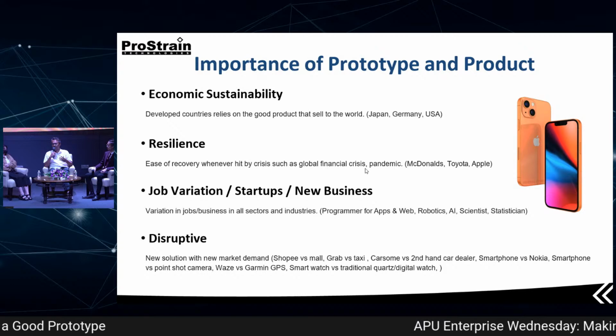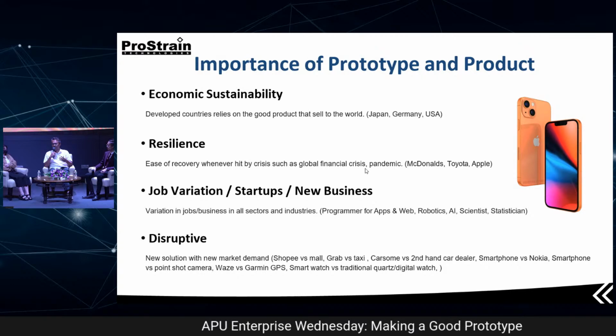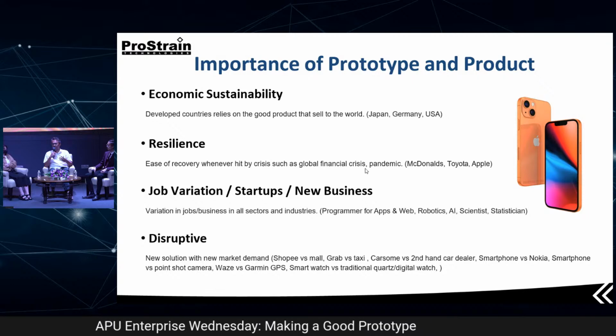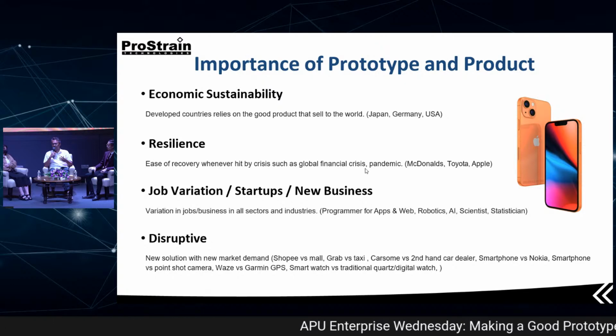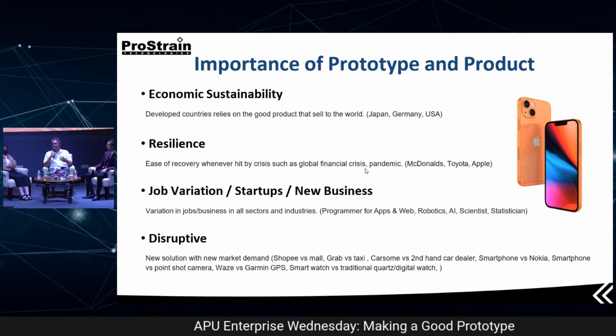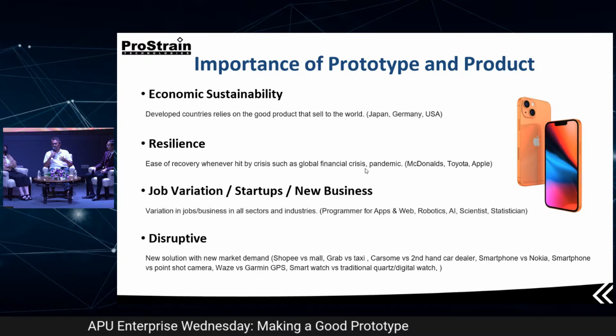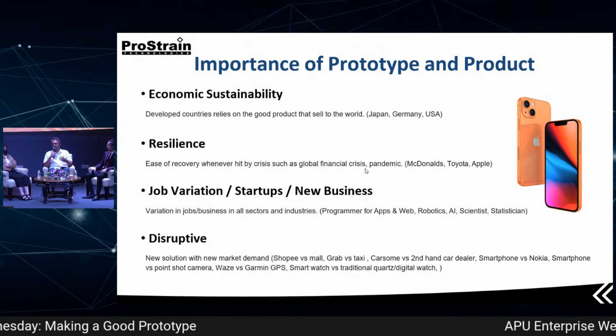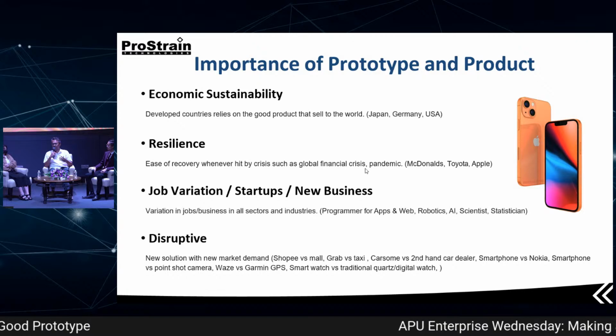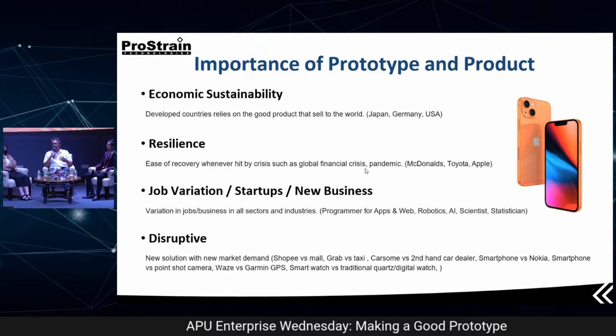Okay, and then you can see Grab and taxi. Before, we had a taxi, right? Now Grab. So what do you think? Grab itself is disrupting the whole chain of taxis, right? So this is the importance of product, okay? And in business, we have to know that one product may not sustain more than 10 years.